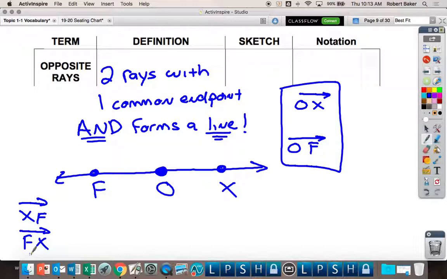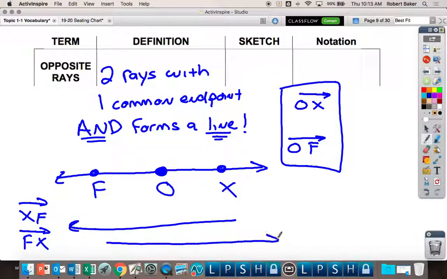One starts at F and goes towards X. One starts at X and goes towards F. But it makes one thing that doesn't happen. It doesn't fit that they have a common endpoint. The endpoint of this ray is X, way over here. The endpoint of this one is F, way over here. Those two rays look like this. Do they start at the same spot?